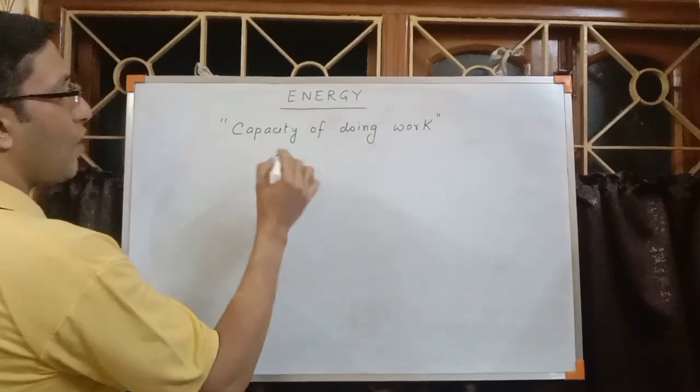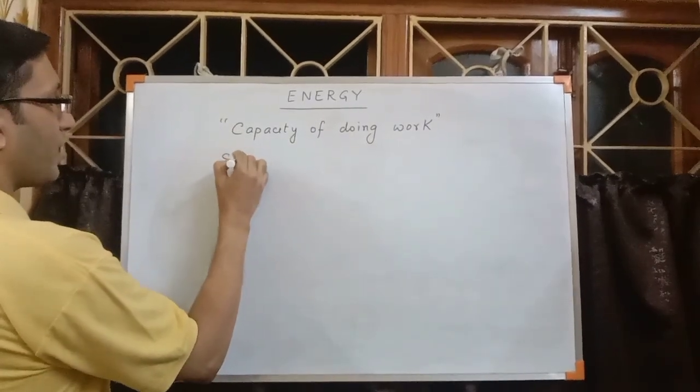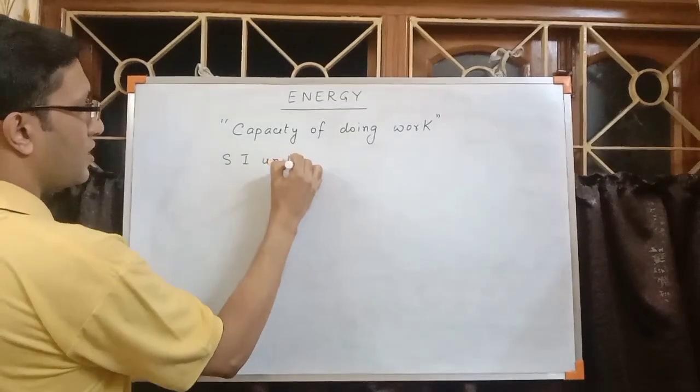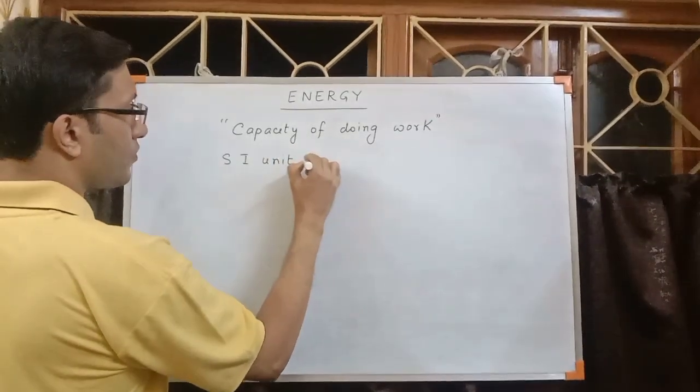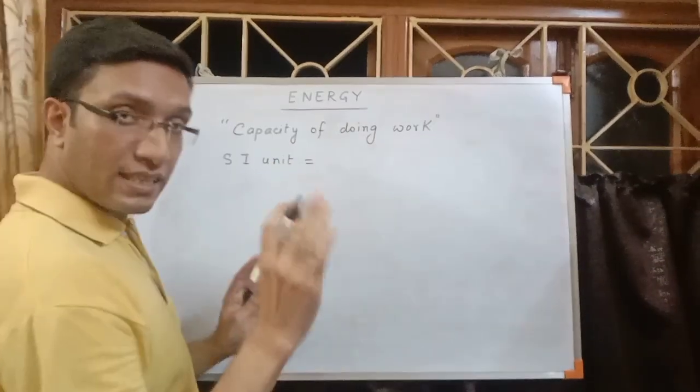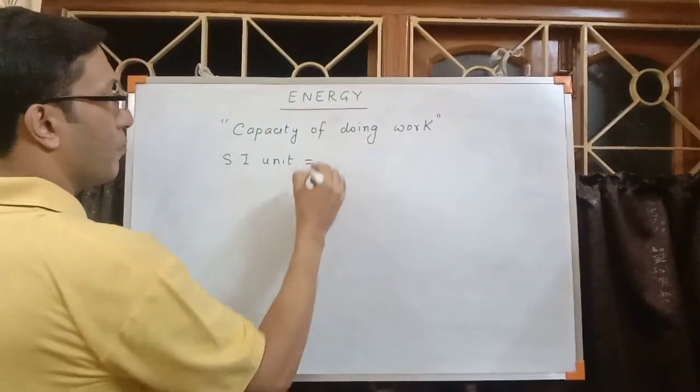So now we come to the SI unit of energy. Since energy and work are almost equivalent to each other, their SI unit and CGS unit are both the same.